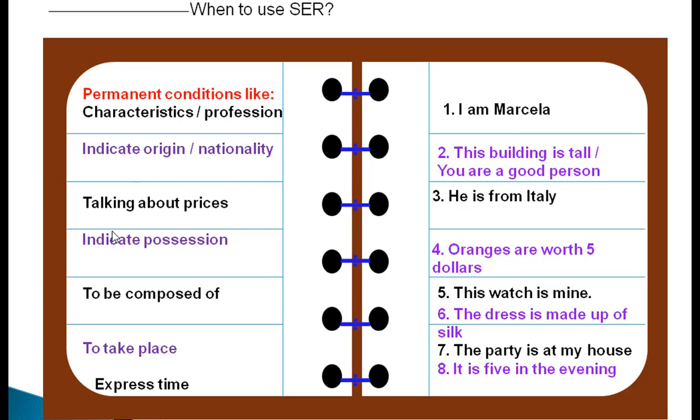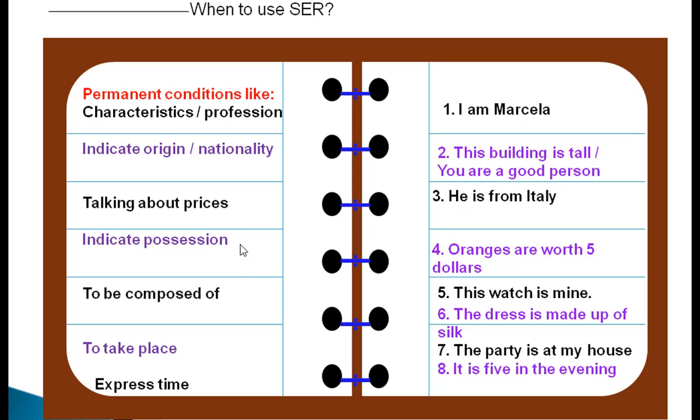Then if you are talking about prices, you go to the market, you ask how much is this orange worth? It is worth $5. So you'll be using SER. Or this building is worth billions. You will use SER.